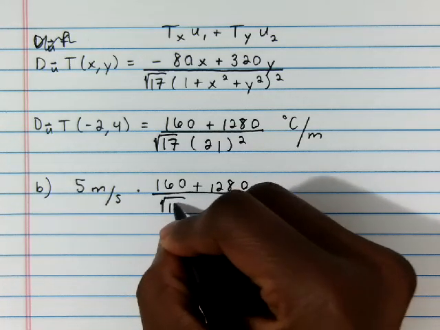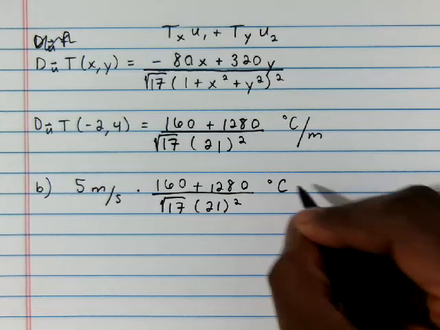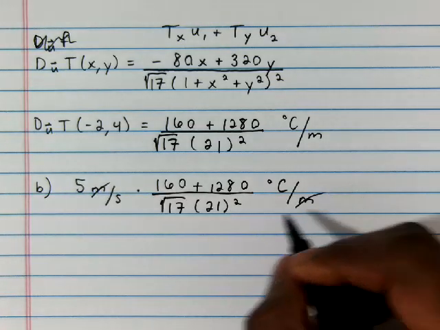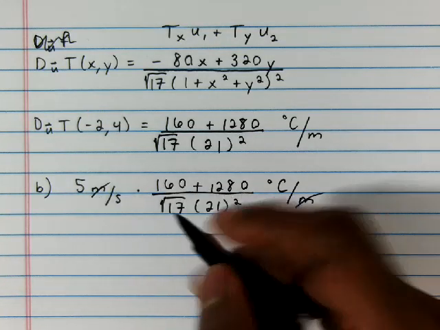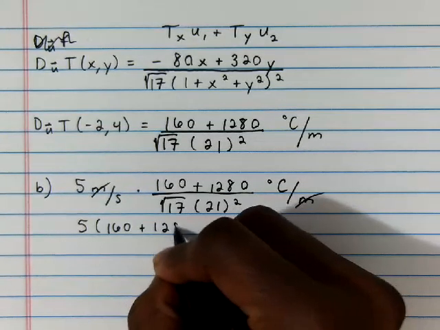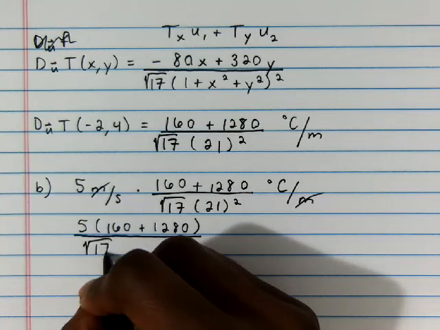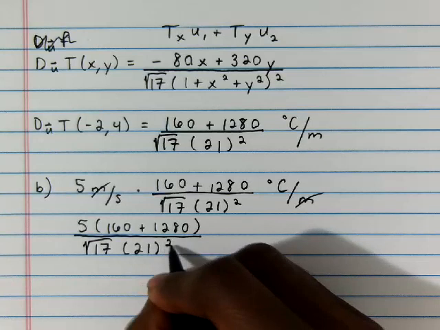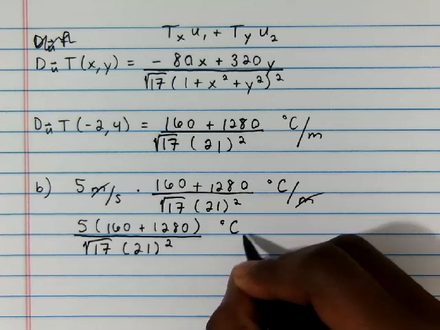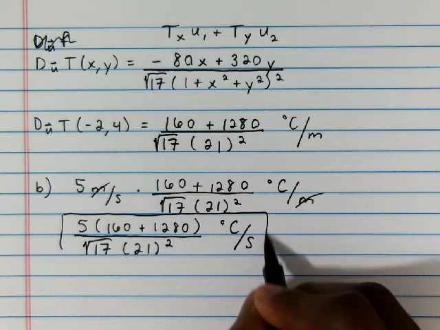The square root of 17 times 21 squared, and this is degrees Celsius per meter, which those cancel, and we get whatever that is, 5 times 160 plus 1280 over the square root of 17 times 21 squared degrees Celsius per second. That's what we get for part B.